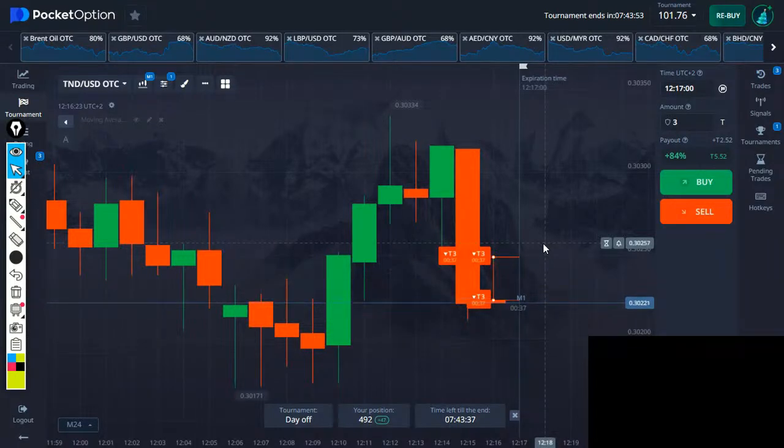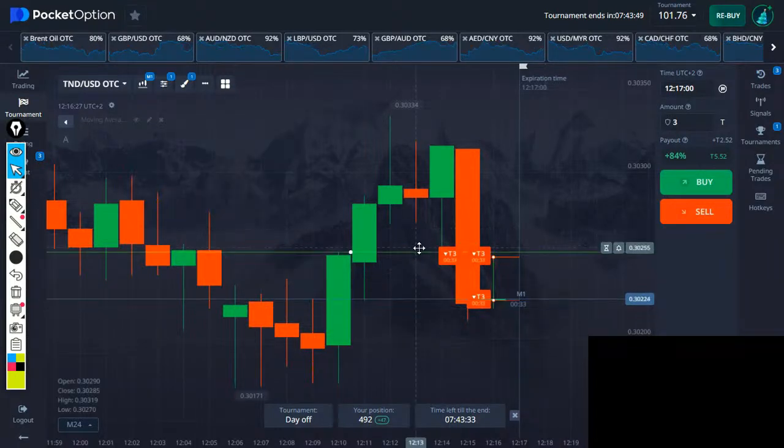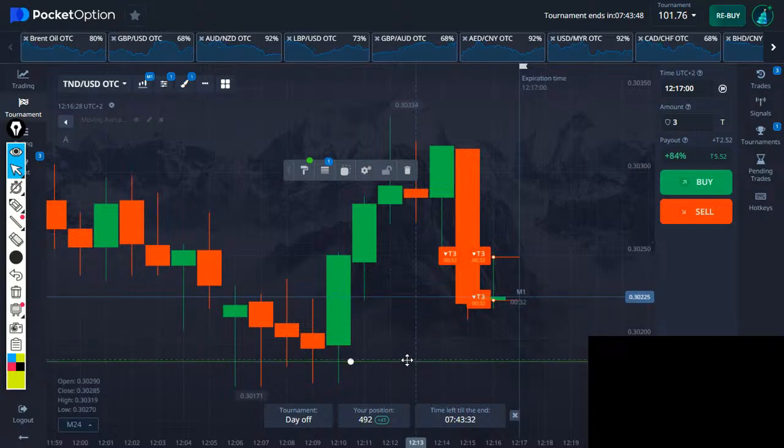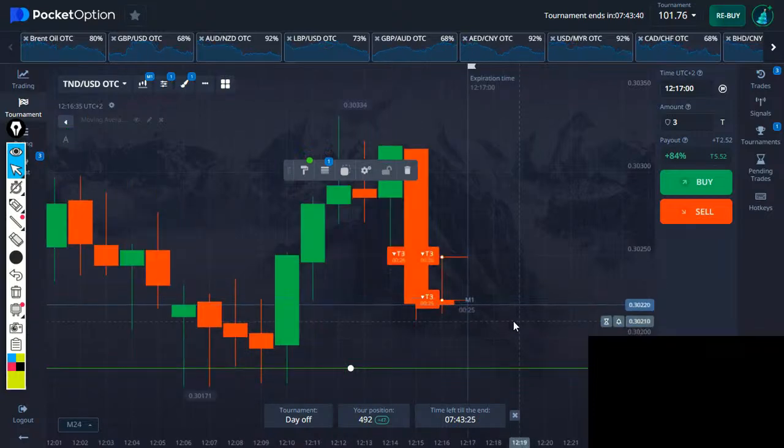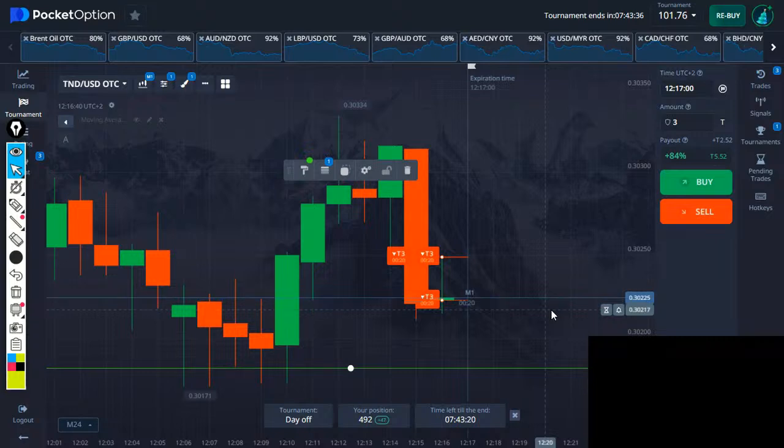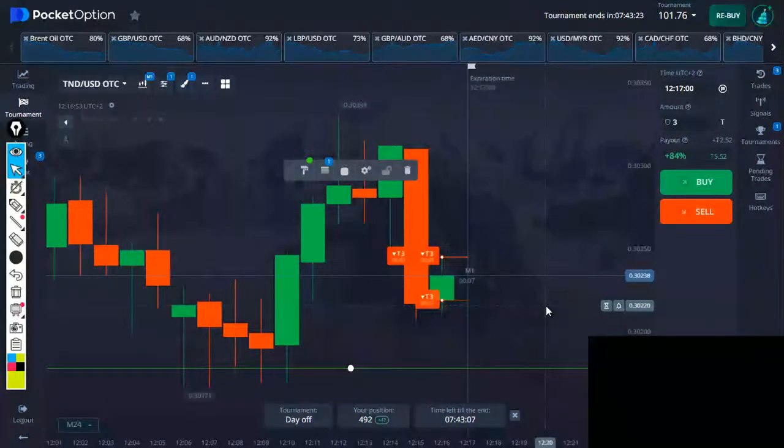Let me see this common rejection area down there. See that? We have a common rejection area. Nope, nope. Hey, come on.